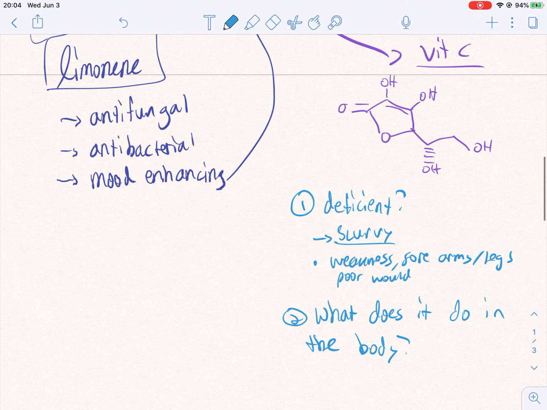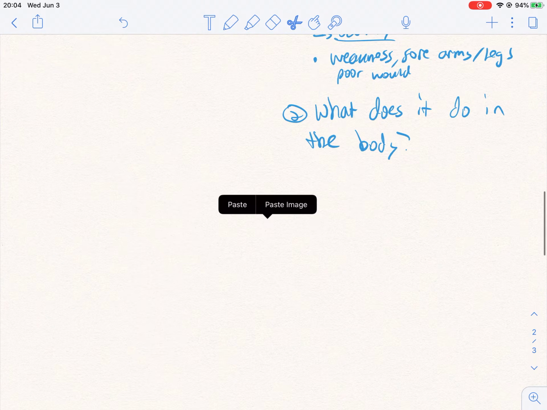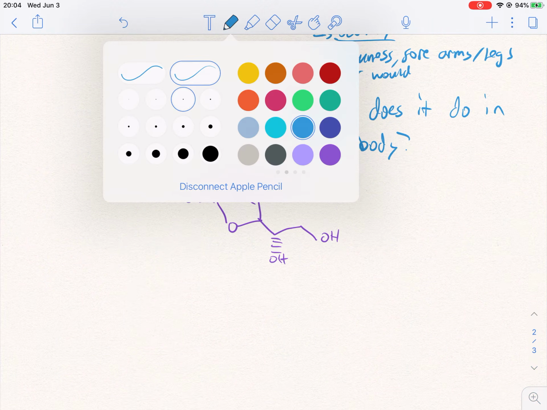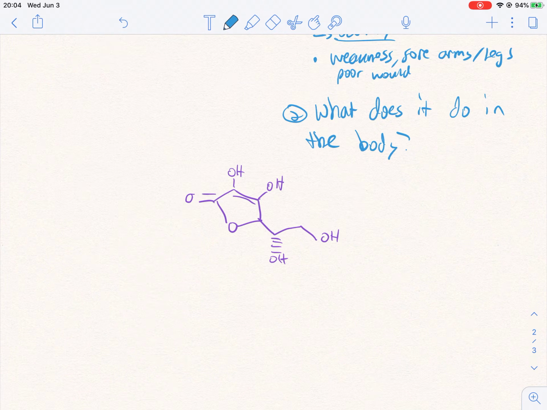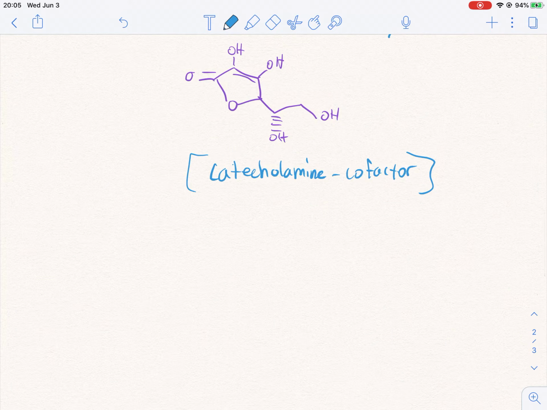So what does vitamin C do in the body? It's understood that this guy right here, among many things, I want to focus on one thing. When you ingest vitamin C, it is a catecholamine cofactor. So what does this long, complicated word mean?